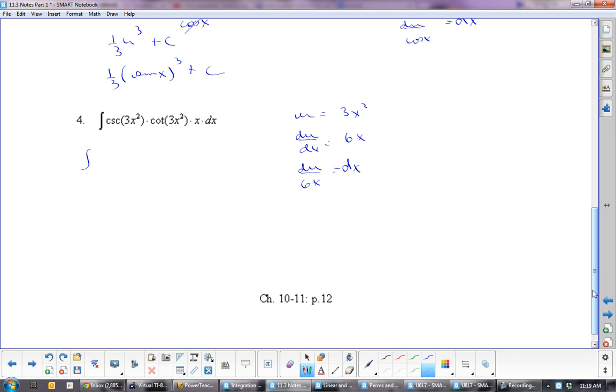So I need to find the integral of cosecant u cotan u x du over 6x. Okay, so you've got to be a little bit careful. The last one, everything canceled. This one, only the x will cancel. So really, I'm going to rewrite this one. We have 1/6 integral of cosecant u cotan u du.